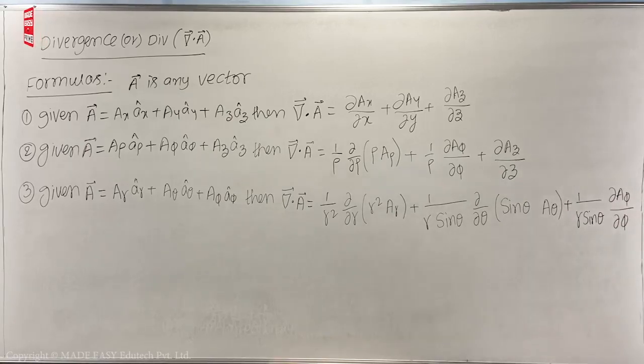So these are the formulas of divergence. You have to remember them. They are coming from derivations. Derivations are there.